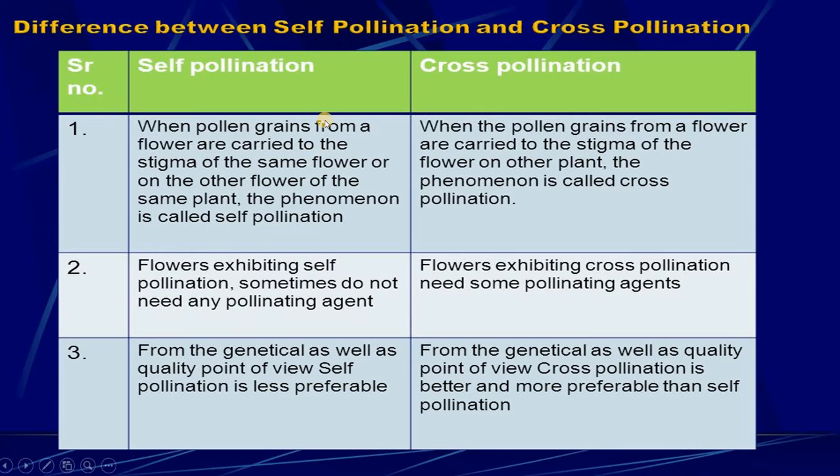Flowers exhibiting self-pollination sometimes do not need any pollinating agent, while flowers exhibiting cross-pollination need some pollinating agents. From the genetical as well as quality point of view, self-pollination is less preferable, whereas cross-pollination is better and more preferable than self-pollination.